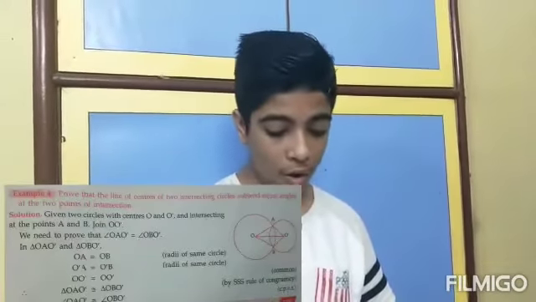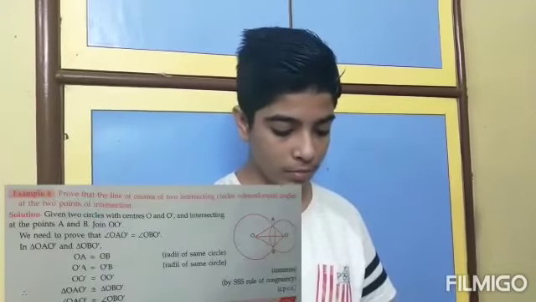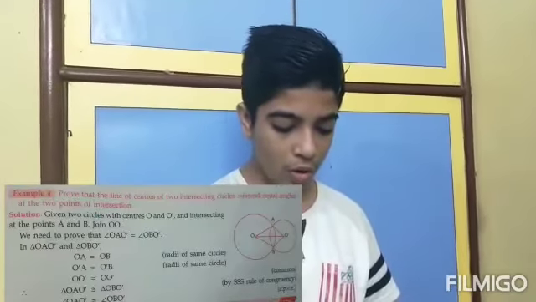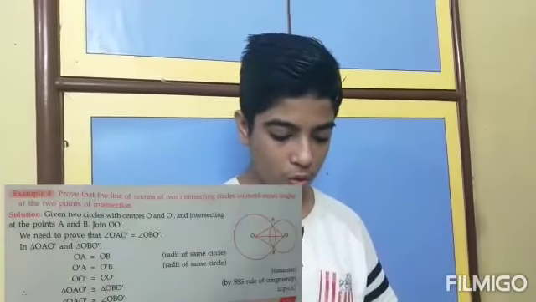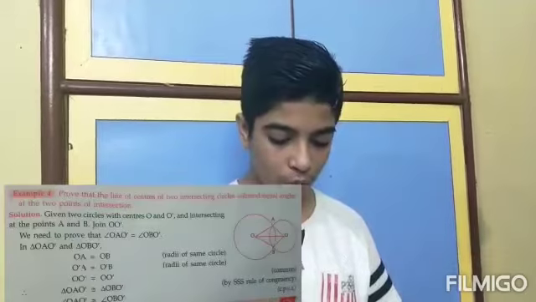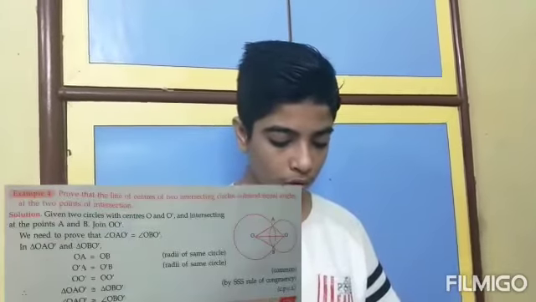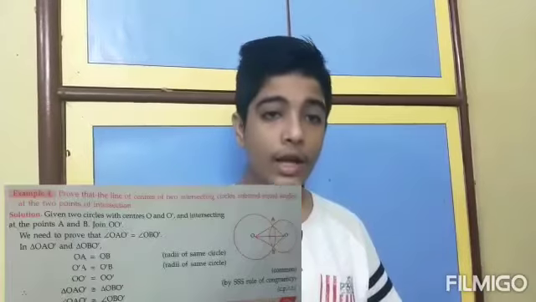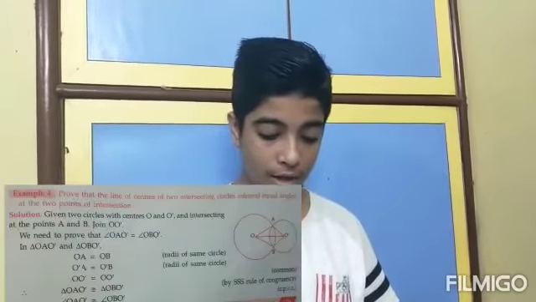We get OA is equal to OB and O dash A is similarly equal to O dash B. And OO dash is equal to OO dash, so we conclude that the triangles are congruent by the SSS method, which is side side side.